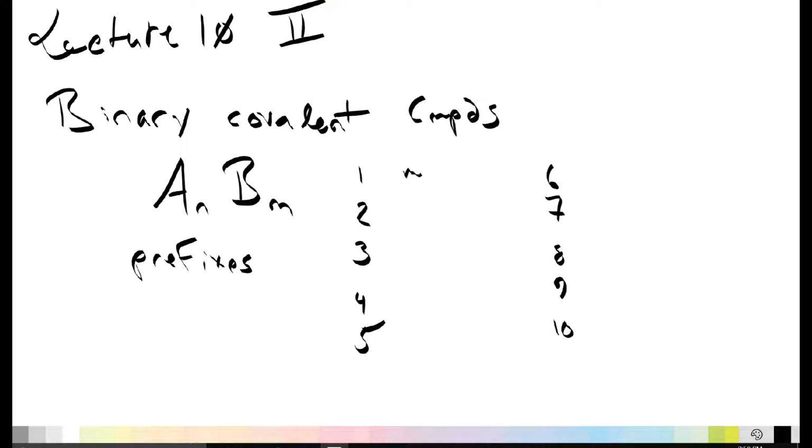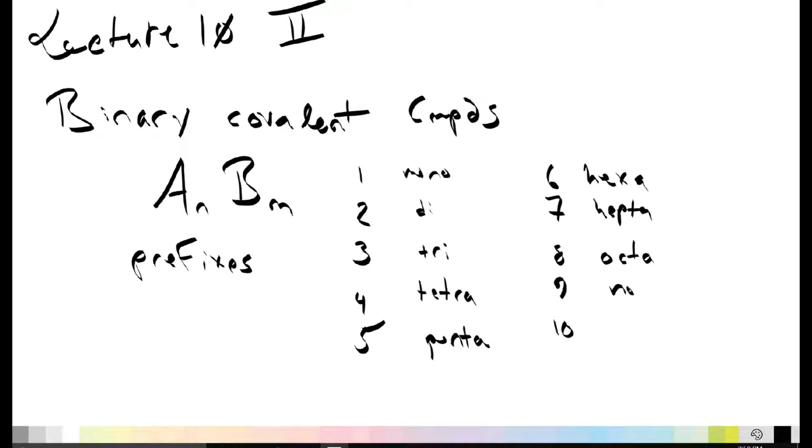So, mono, di, tri, tetra, penta, hexa, hepta, octa, nona, and deca. You can go above 10. For example, 12 is dodeca, 20 is icosa. But you don't have to remember 12 and 20, just 1 through 10.